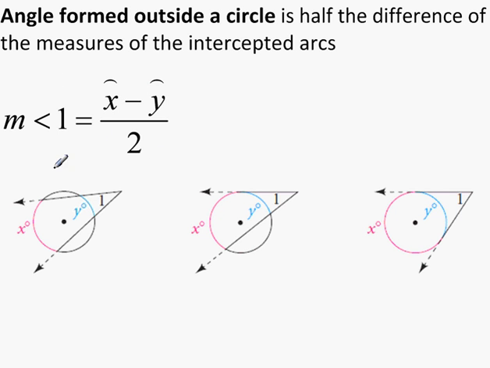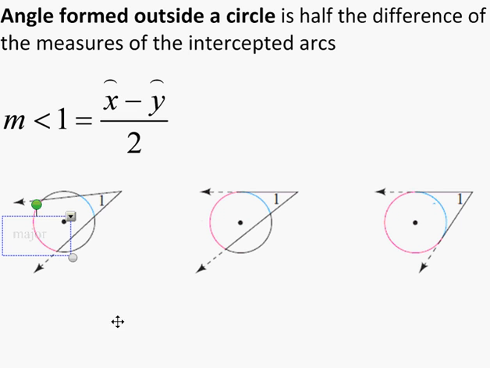So one way we could write it is we could label the major arc x and the minor arc y, and we could say x minus y divided by 2 gives us the angle outside. Or we can just use the other labelings that I had used earlier.